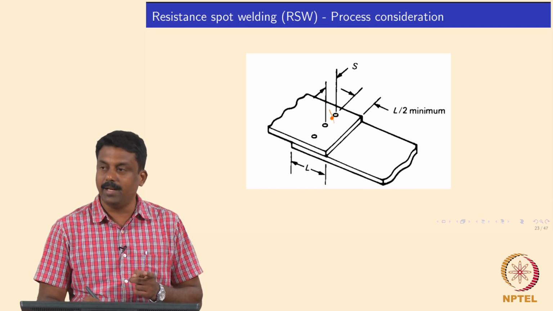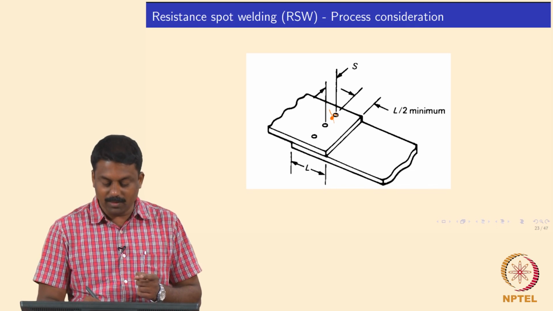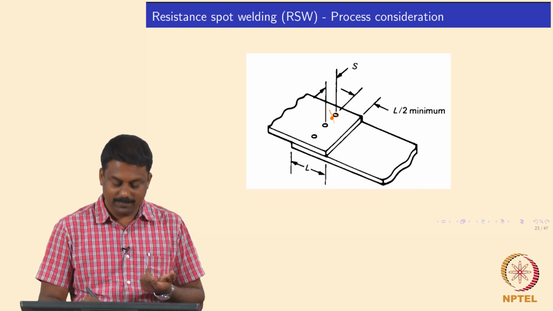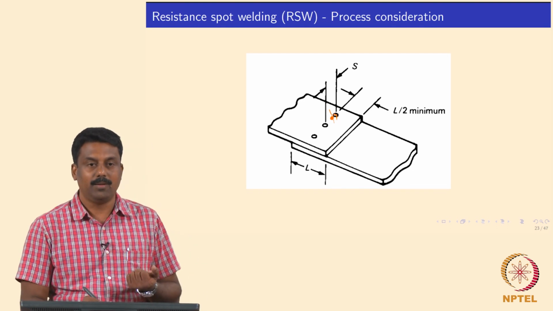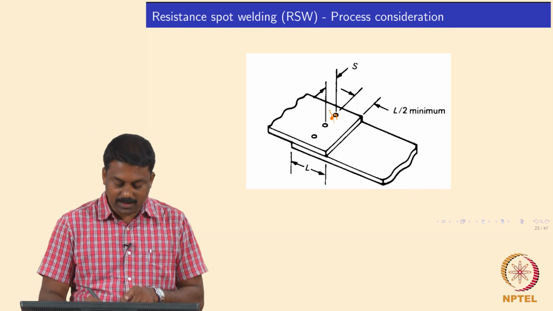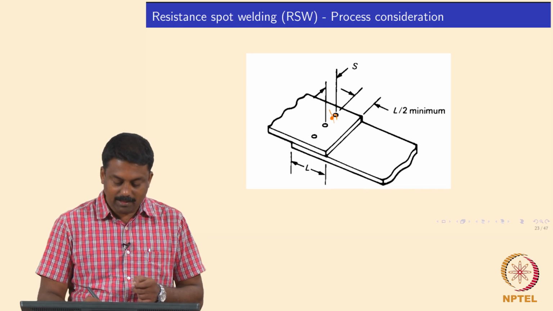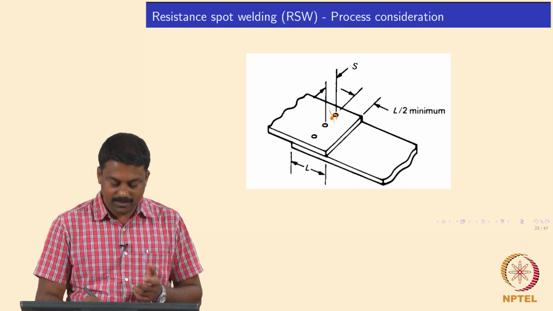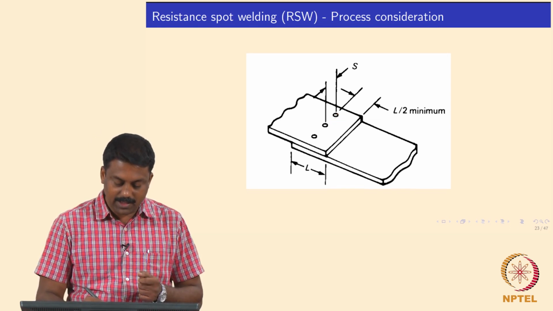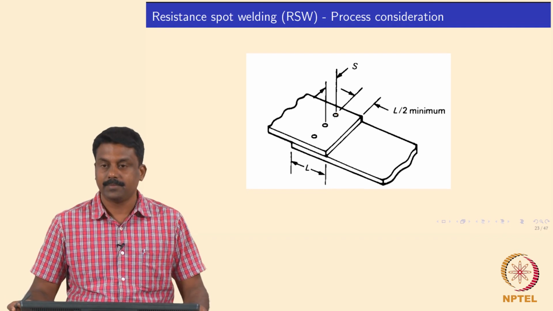You already made a weld nugget. So current would follow the easiest path and start reheating the already formed weld nugget. Instead of making a weld here, you will end up heating the previously made weld nugget. So that's why the S, the minimum distance between two welds, is very critical.